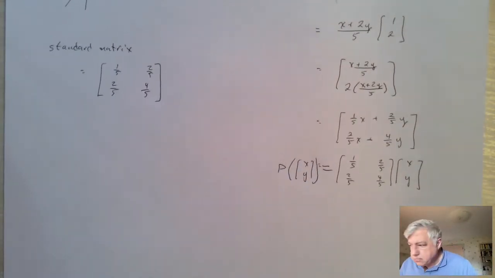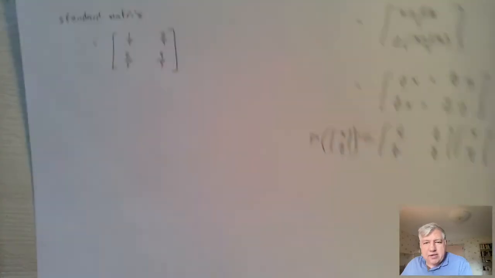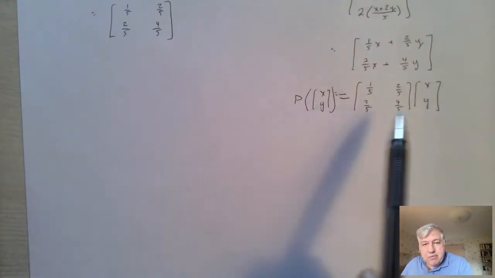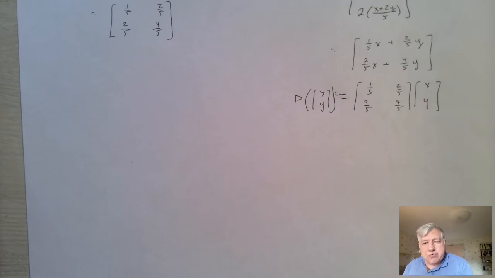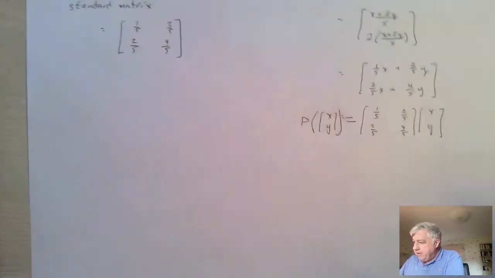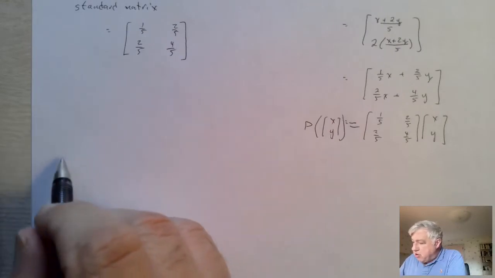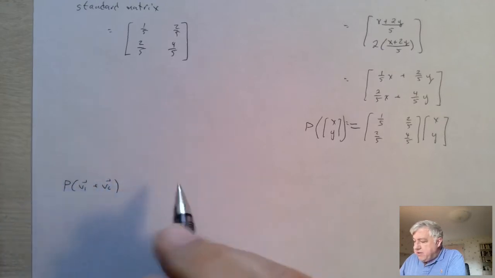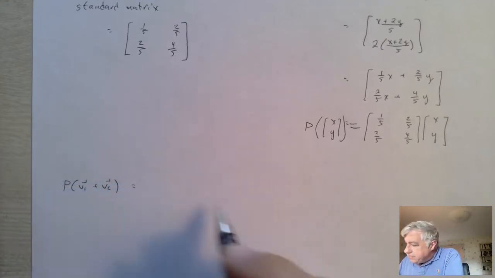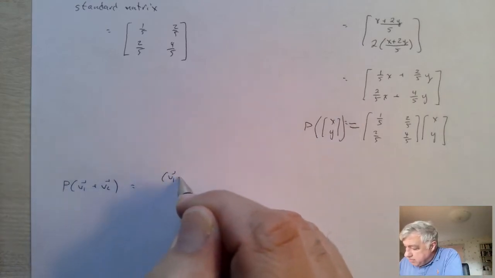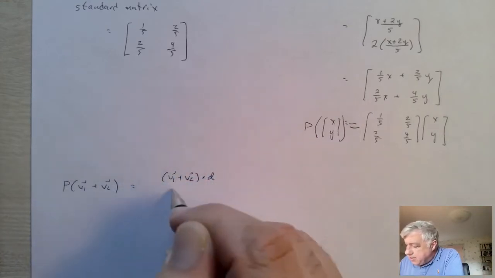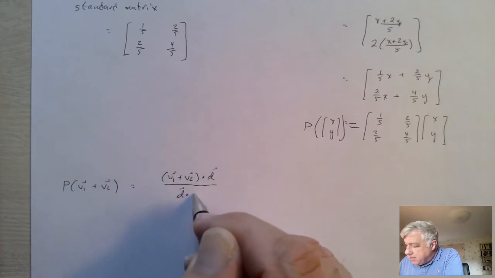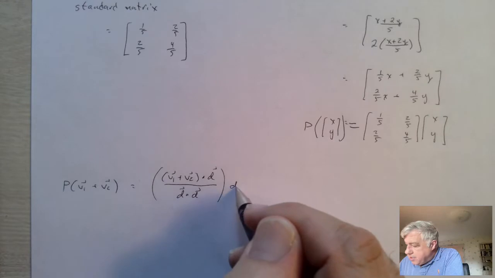So we can see that, because this can be represented as a matrix, it's a linear transformation. You could also see, just going back to this formula, that if we wanted to show this directly, say we have two vectors v1 and v2, P of v1 plus v2 would be (v1 plus v2) dot d over d dot d, times d.